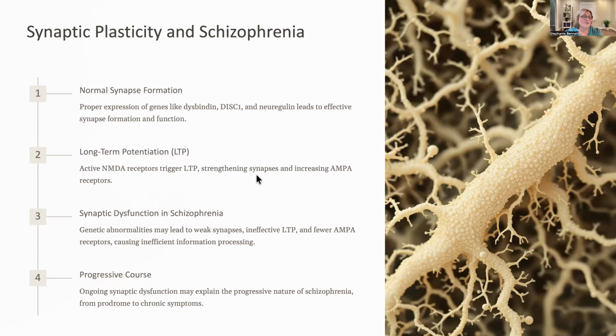So you're like, oh, what does that mean? Well, what it all comes down to is that there may be some genetic abnormalities that lead to these synapses being weaker, ineffective, and not as many in number, and not processing well. And as this goes forward, this could explain the progressive nature of schizophrenia from those prodrome symptoms to the chronic symptoms we'll discuss more later in detail.